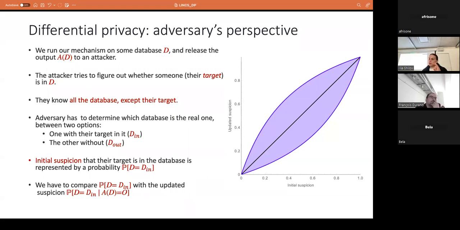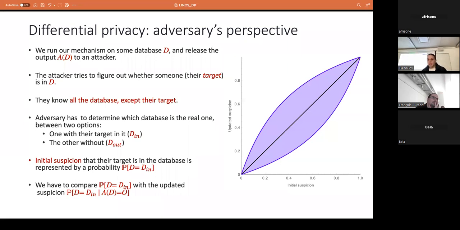We assume the situation when they know everything, all the information about others except their target. So for them, there are two possible variations of the data set: either their target is in the data set, or their target is not.